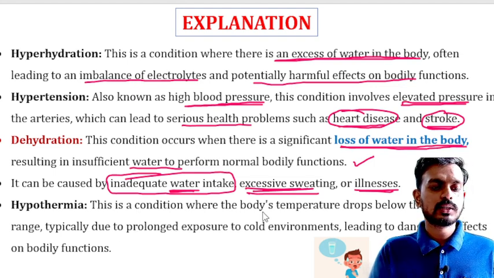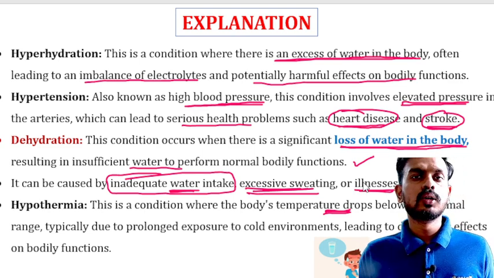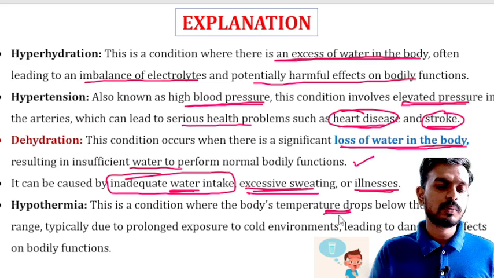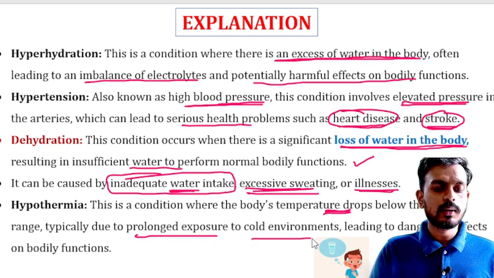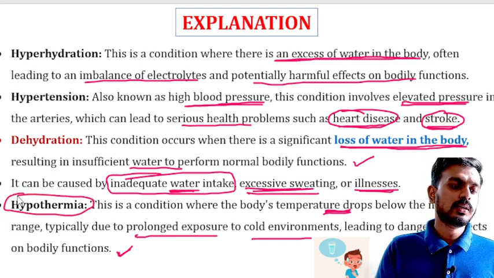Hypothermia is the condition where the body's temperature drops below the normal range, typically due to prolonged exposure to a cold environment, leading to dangerous effects on the body. This is called hypothermia, when your body temperature falls.